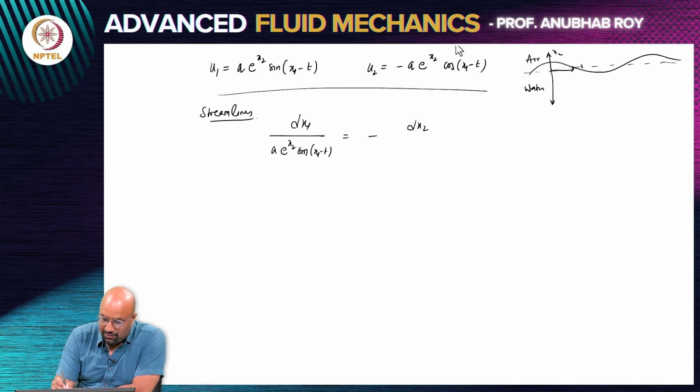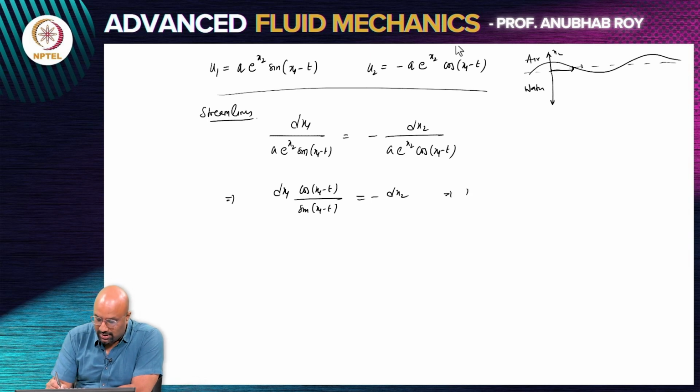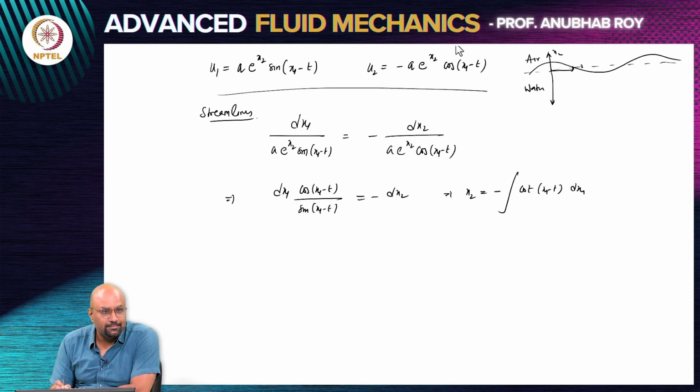So here then we have a form where cos x1 minus t by sine x1 minus t dx1 is minus dx2. So x2 is going to be an integral of cotangent x1 minus t dx1, assuming t to be a constant.